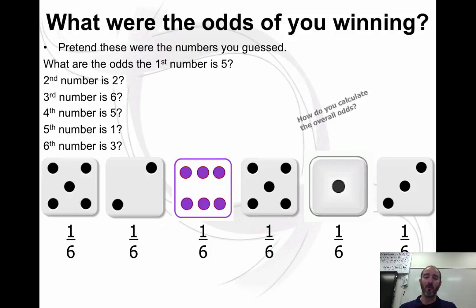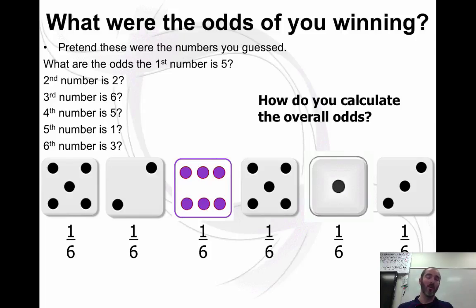So the big question then is, what is the overall odds that you would actually have the correct series of numbers in the correct order, right? And we simply multiply these factors, the chance, 1 out of 6, together, and it comes out to be 1 in 46,656 times.